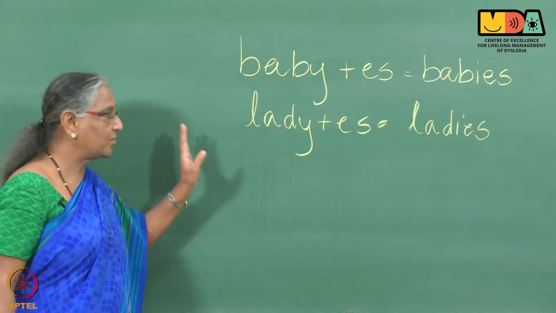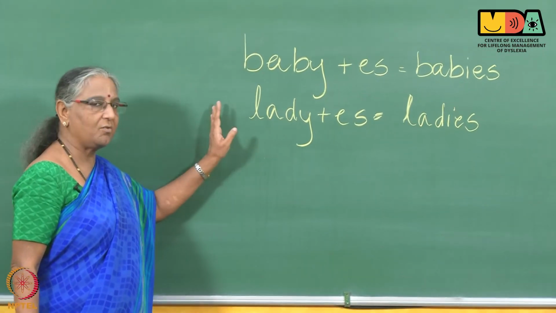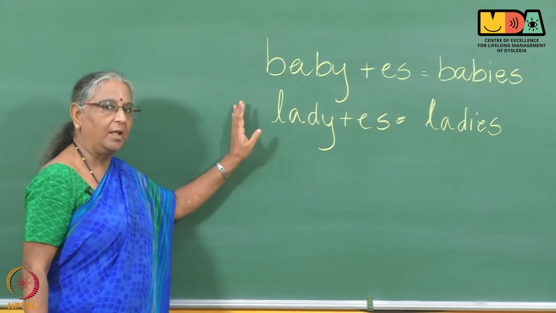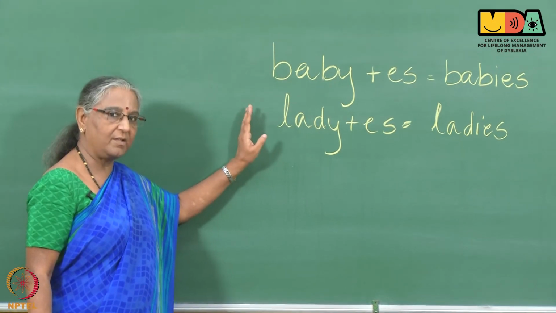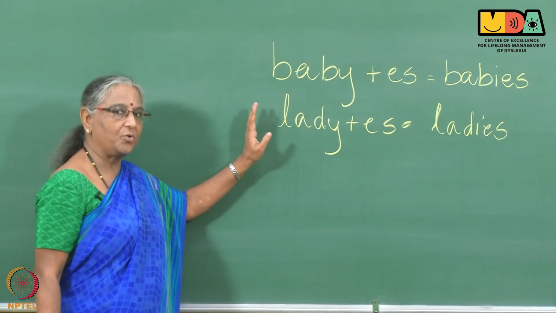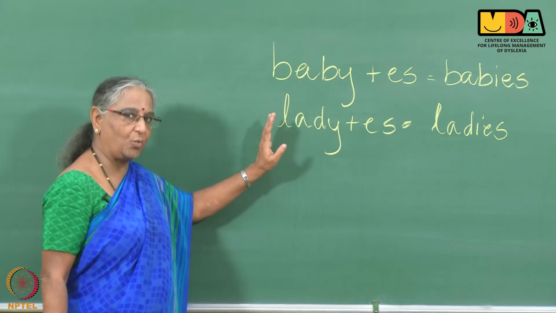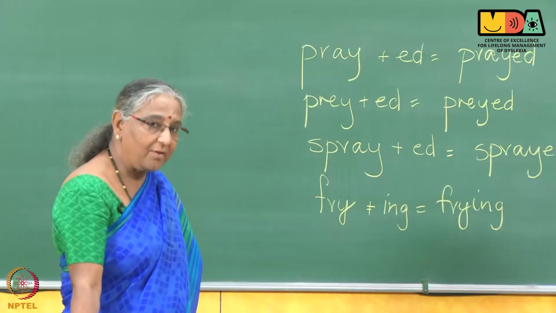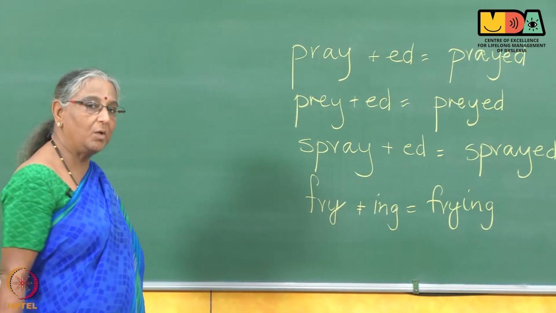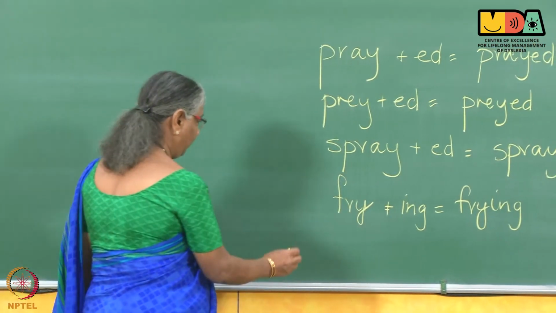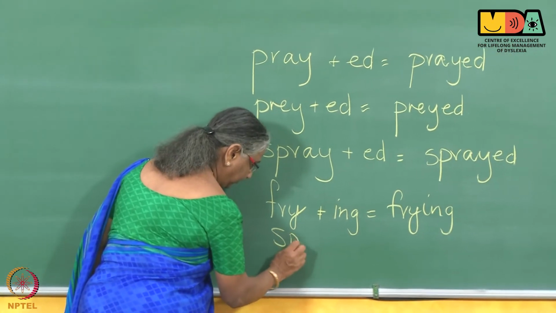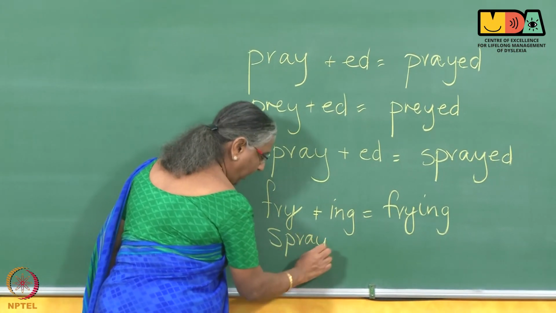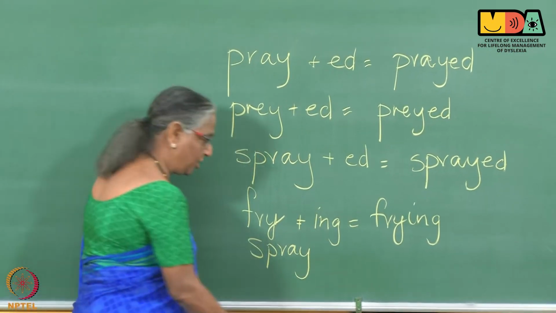Clear? There is no confusion. If there is a root word ending in Y, in order to add the vowel suffix, then you are just going to change the Y into I and add the vowel suffix. So, another example for you would be the word spray. And I want to add ing.